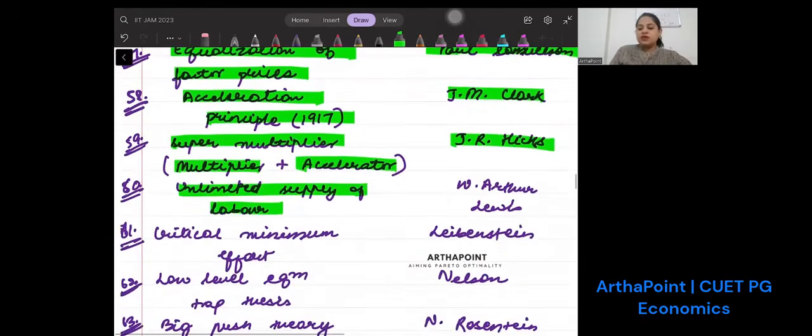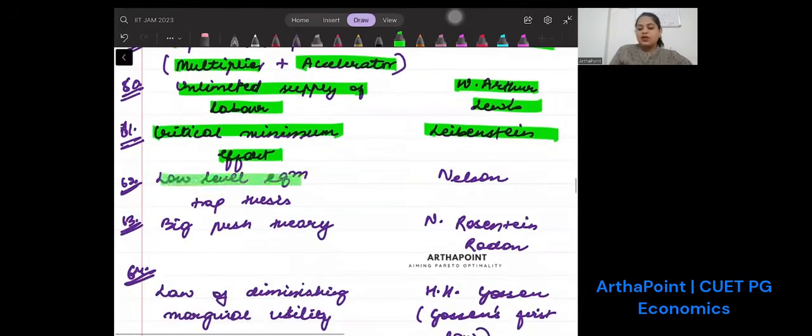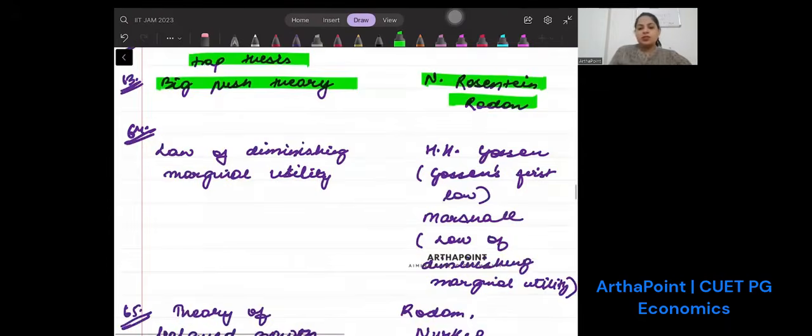Unlimited supply of labor was given by Arthur Lewis. Critical minimum effort was given by Leibenstein. Low-level equilibrium trap thesis was given by Nelson. Big push theory was given by Rosenstein-Rodan. Law of diminishing marginal utility was given by first Gossen.